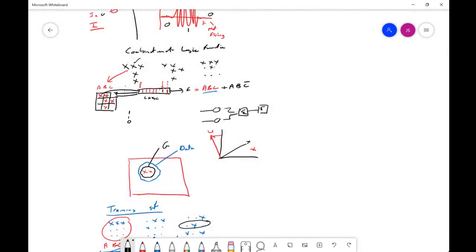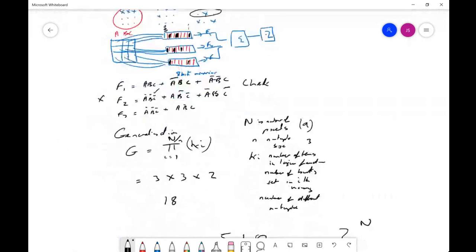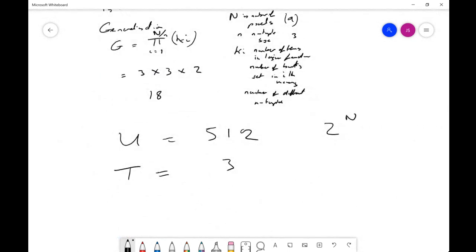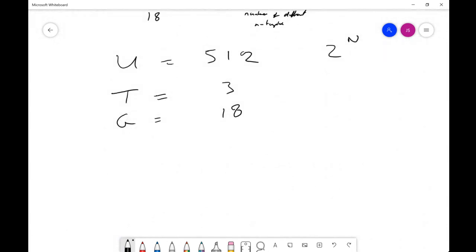Where were they? 1, 2, 3. And that logic network will recognize a generalization set of 18. So it is recognizing patterns outside the training set, and that is the key property. I think the question went on to ask response to unseen patterns.